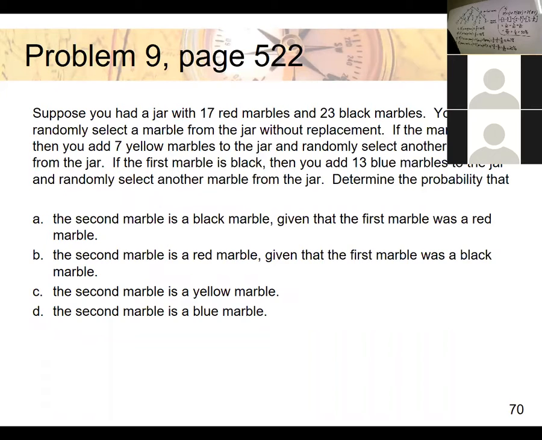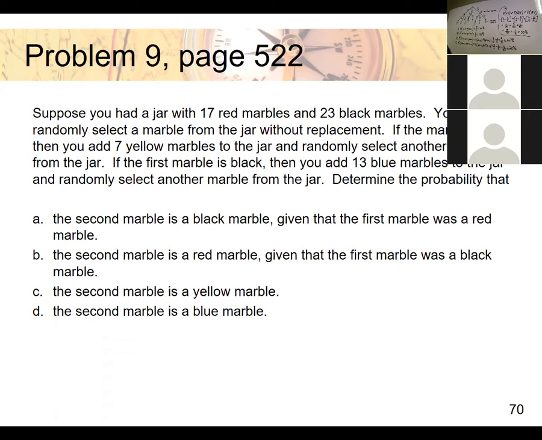If the marble is red, then you add 7 yellow marbles to the jar and randomly select another marble from the jar. If the first marble is black, then you add 13 blue marbles to the jar and randomly select another marble from the jar.